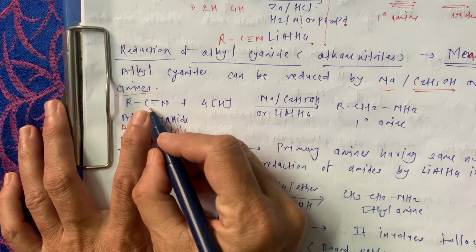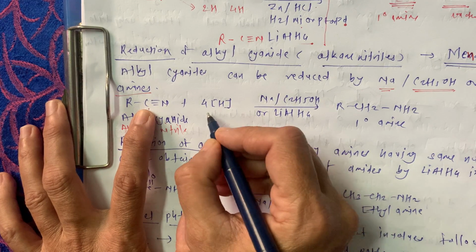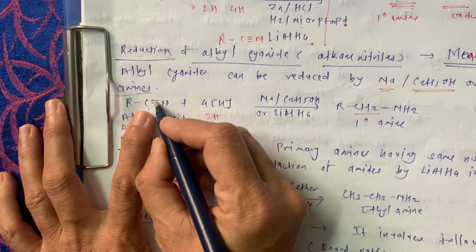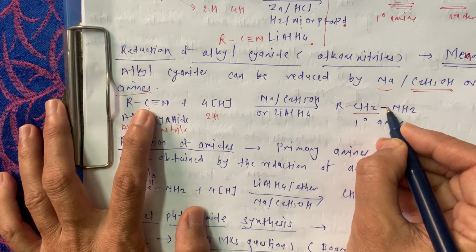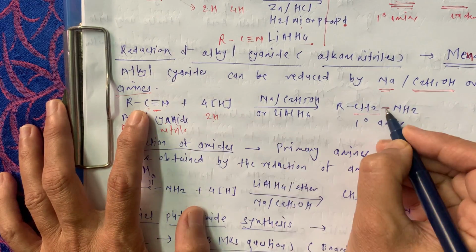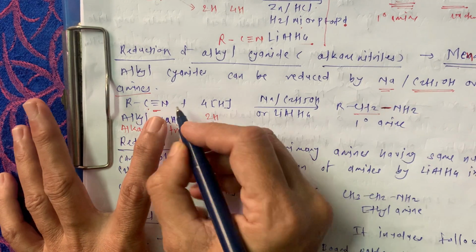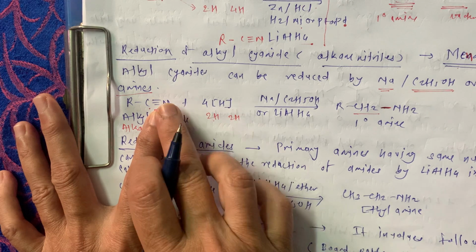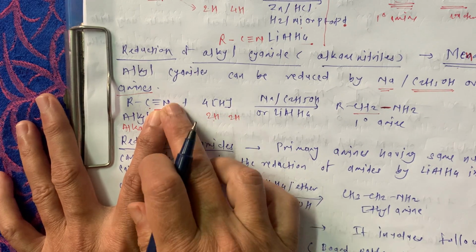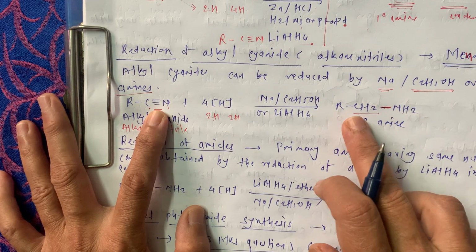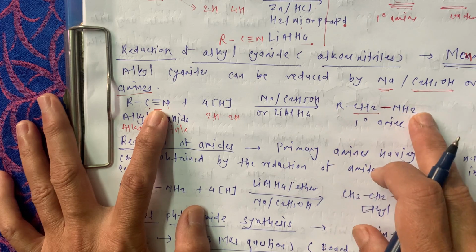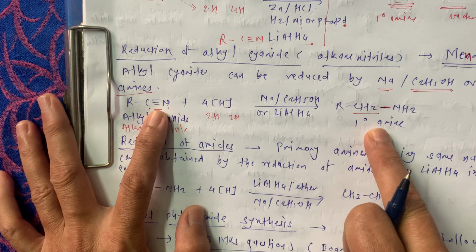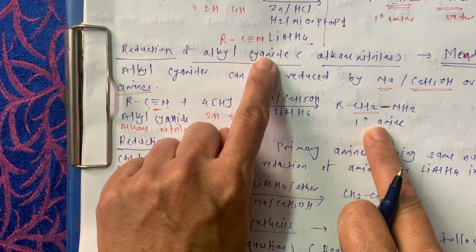From these 4 hydrogens, 2 hydrogens are attached like this, then the triple bond is converted into single bond, and to this nitrogen 2 more hydrogens from the reducing agent, whatever we get as nascent hydrogen, are attached. So there is formation of RCH2NH2, which is again a primary amine. So this is reduction of alkyl cyanide.